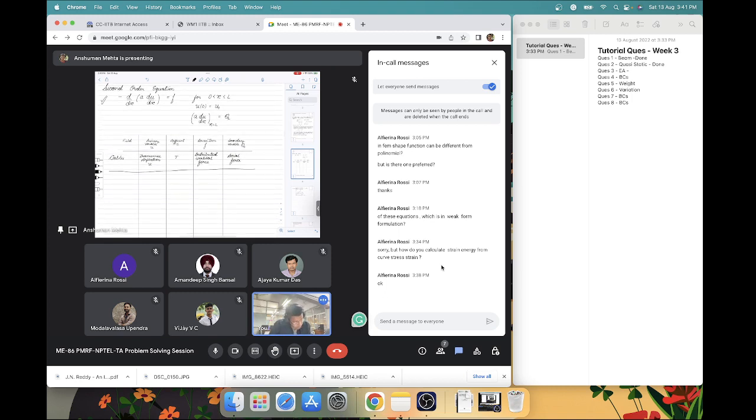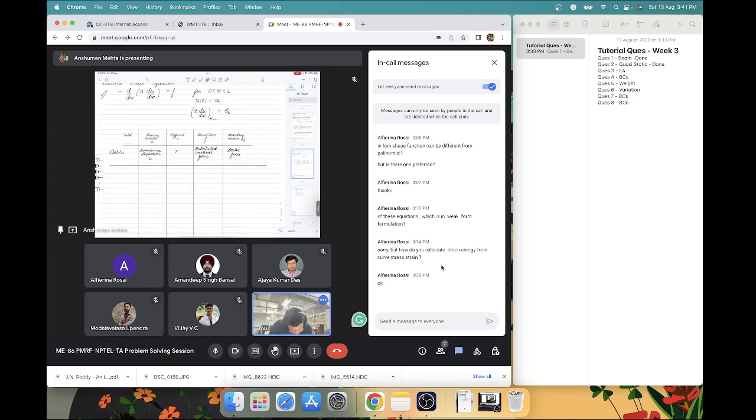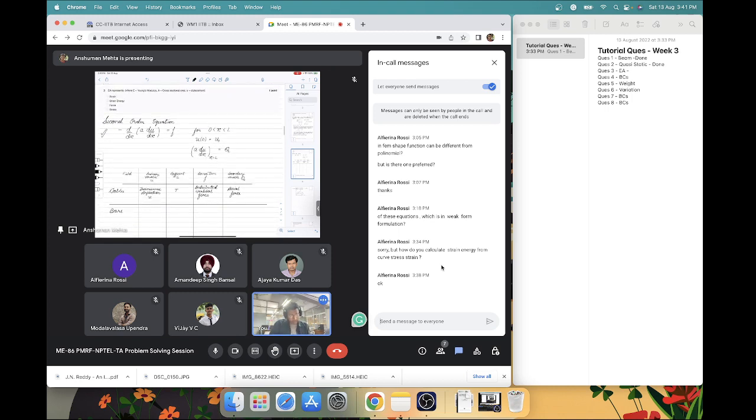Now if we take some other situation such as bars, this equation is for bars only.